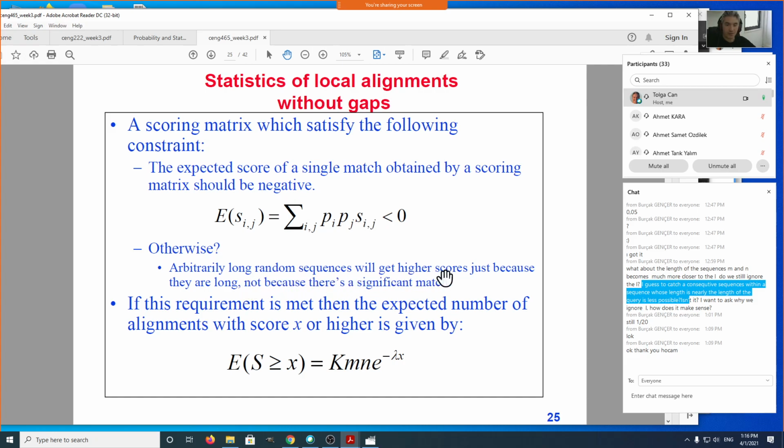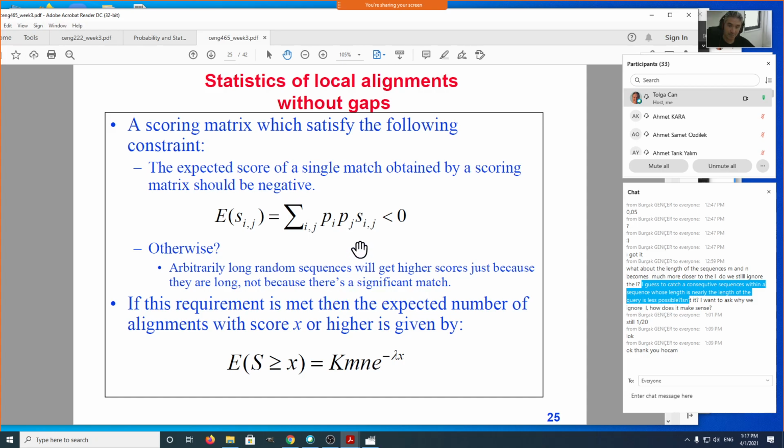Arbitrarily long random sequences will have higher scores because, as our analysis shows, as they're longer, the expected number of getting a matching run of a certain score is going to get larger for them, but the scores are not going to get higher and higher just because they're long.